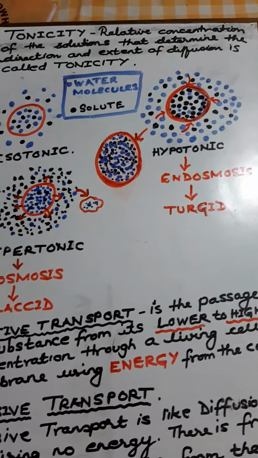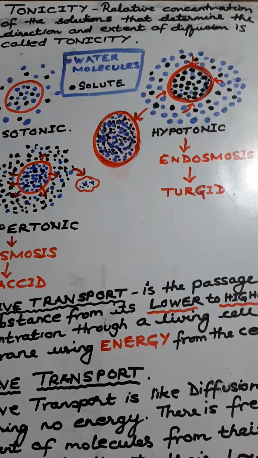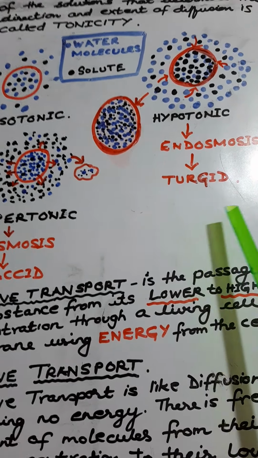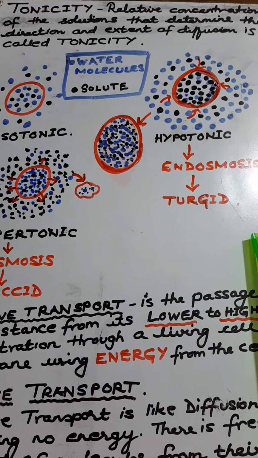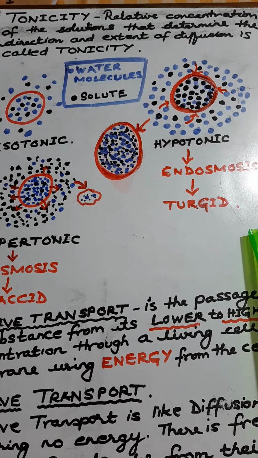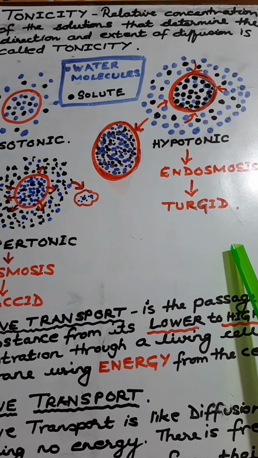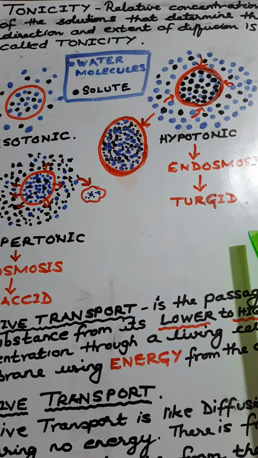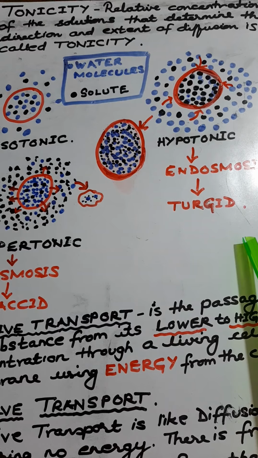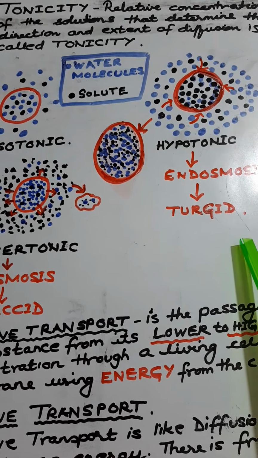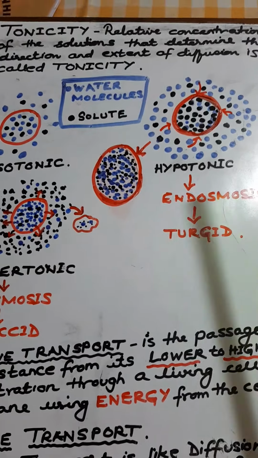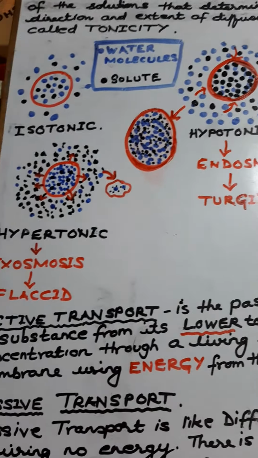That means the relative concentrations of the two solutions that are there, and what concentration they are in, will determine the direction and extent of diffusion that is going to take place. So that is called tonicity. So this is your definition of tonicity.